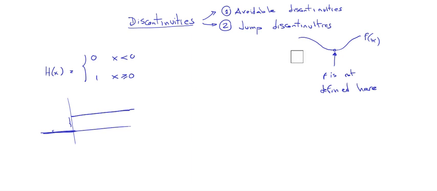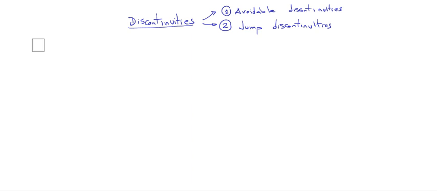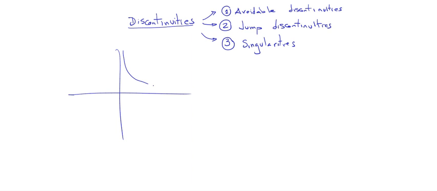And that's when the limit on the left and the limit on the right are not the same, okay? And the last type of discontinuity are what we call singularities, which are points where the function is not defined, and it's not only a jump, it's that it goes to infinity, okay? The classical example for this is 1 over x, as we have seen, okay?